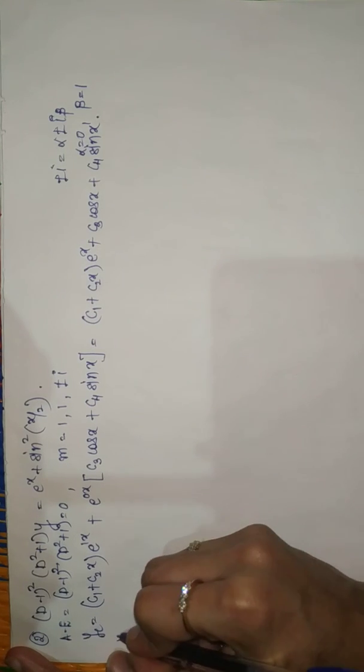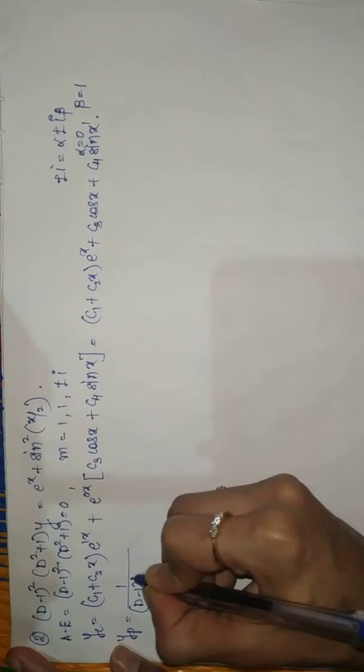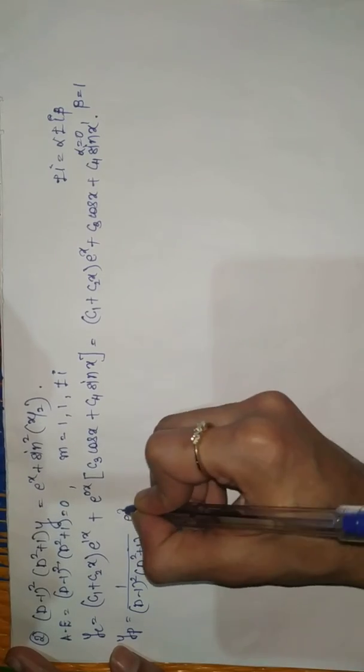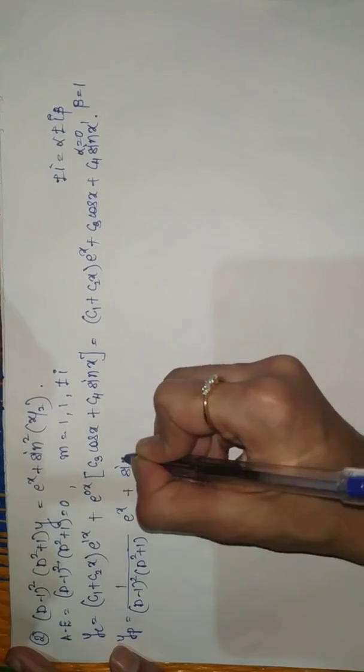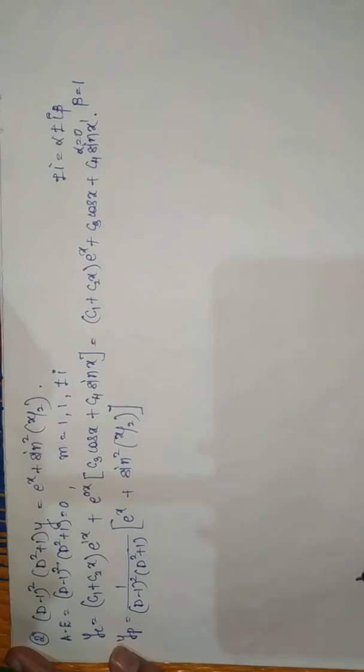Now let's find out the particular integral yp, which is 1 upon (D minus 1) the whole squared, (D squared plus 1) over e to the power x plus sin squared x by 2. Okay, fine.